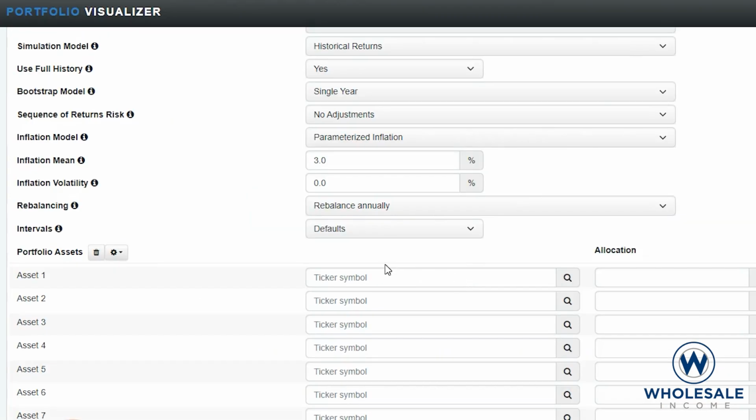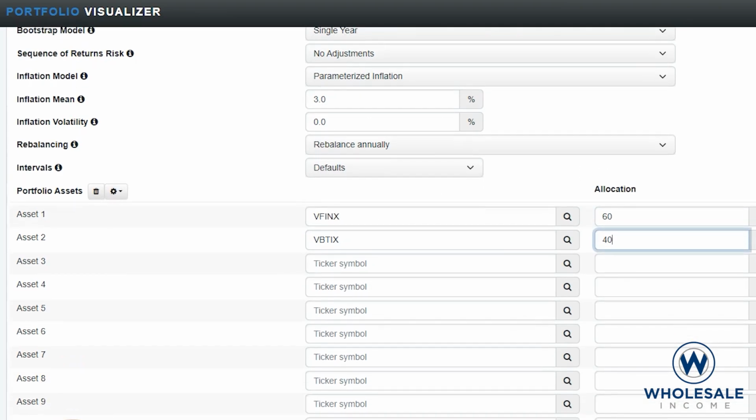So we're going to put these two things in here: VFINX, Vanguard 500 Index, and VBTIX. We're going to say 60% in the stock market, 40% in the bond market.